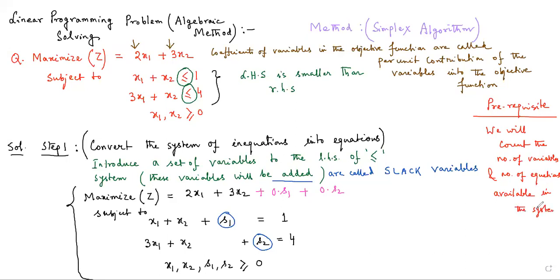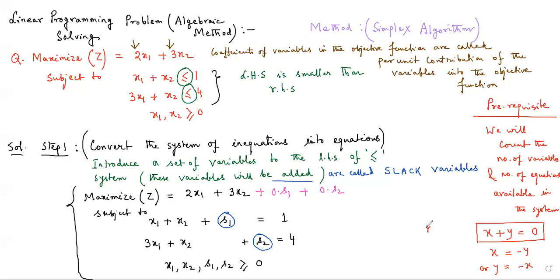Suppose I give you an equation x plus y equal to 0, and I ask you to solve it, with only this equation available. You can immediately write that x equals minus y, or y equals minus x. You will say that x is dependent on y or y is dependent on x.